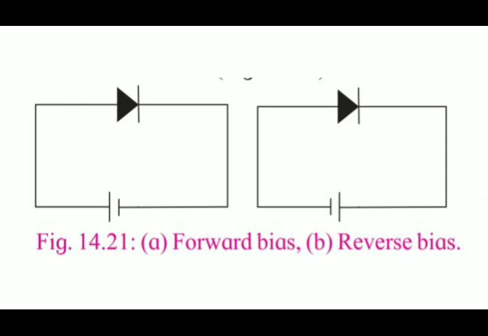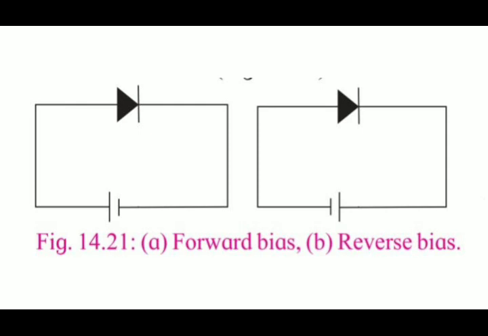The barrier potential is reduced in forward bias and increased in reverse bias. Keep this in your mind.